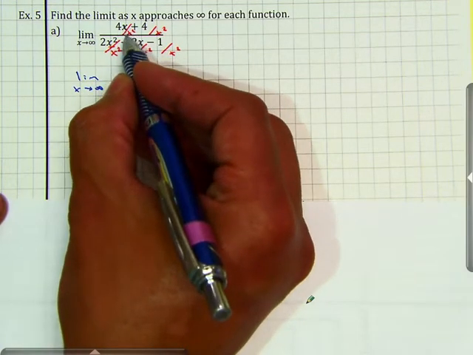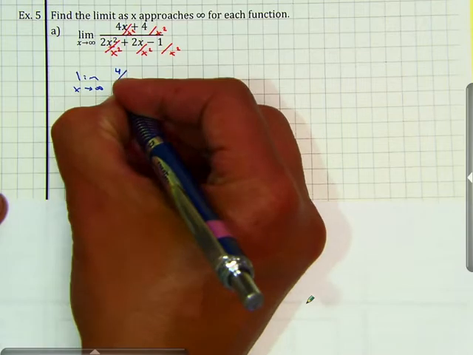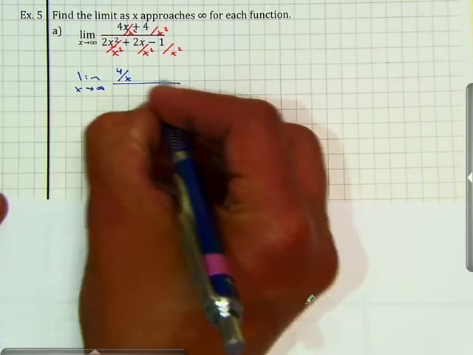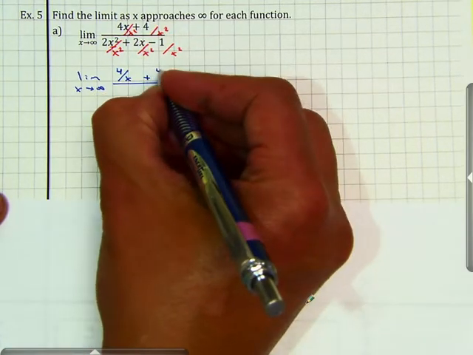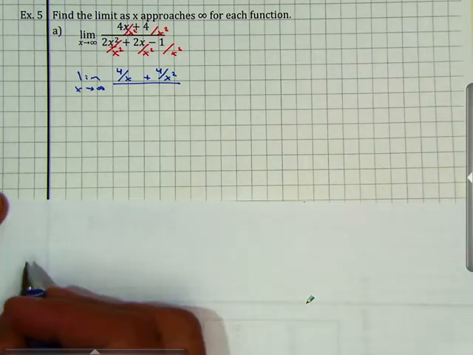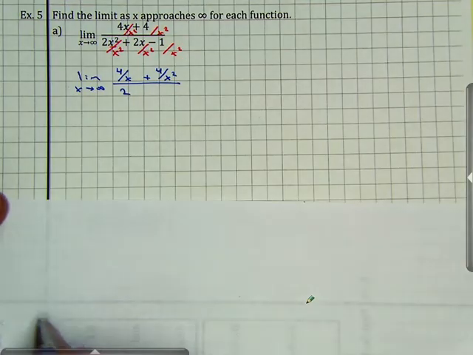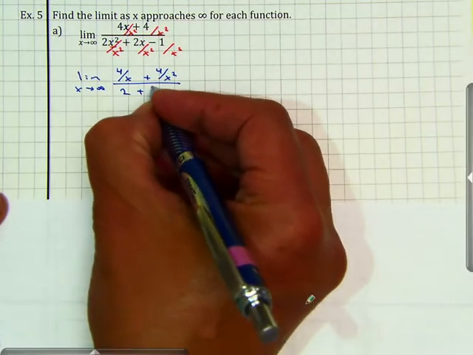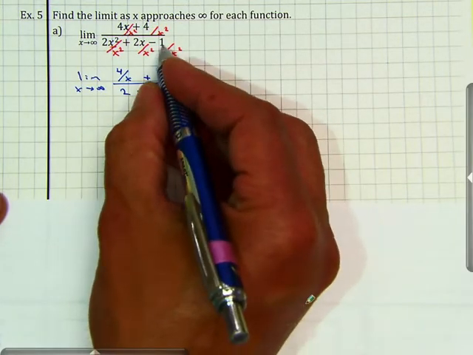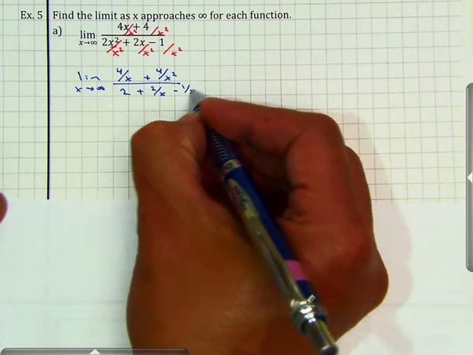One of the x's cancels, so I end up with 4 over x, plus, nothing cancels, so 4 over x squared. Both x's cancel, so I end up with 2. One x cancels, so I end up with 2 over x. And nothing cancels, so I end up with 1 over x squared.